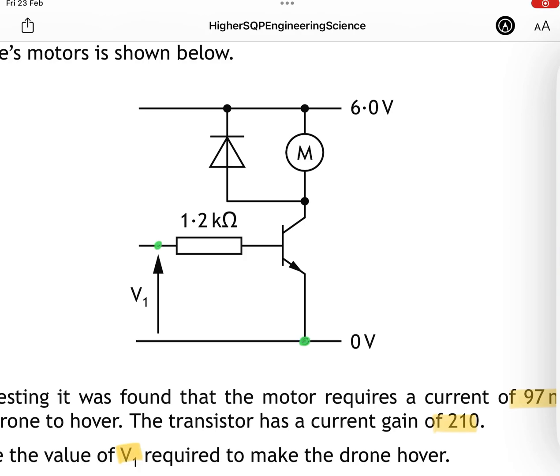And that is going to be equal to the voltage between this point and this point, if I draw a little voltmeter there, added to the voltage between the base and the emitter here. So because the resistor and the base and the emitter are in series, V1 is equal to the voltage over the resistor added to the voltage between the base and the emitter.